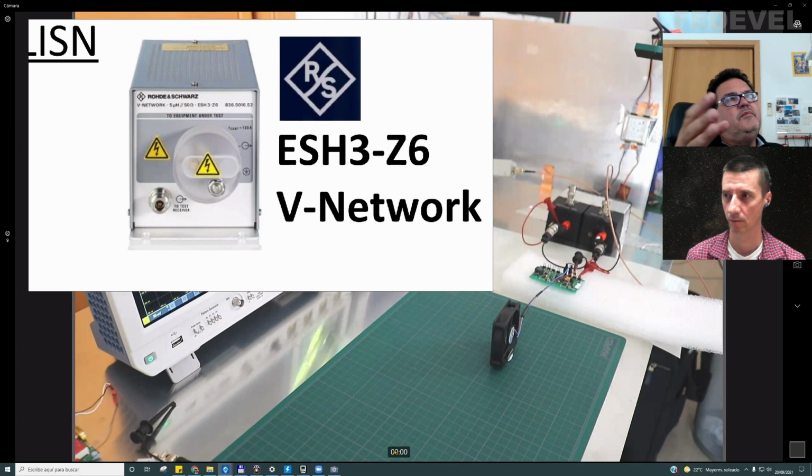Remember that you need to specify that the line impedance stabilization network must support the 20, 50, 100 amps that are going through the line or the neutral, or the positive and the negative. So this very small box is not able to support this current, or perhaps a higher voltage. This is the idea.